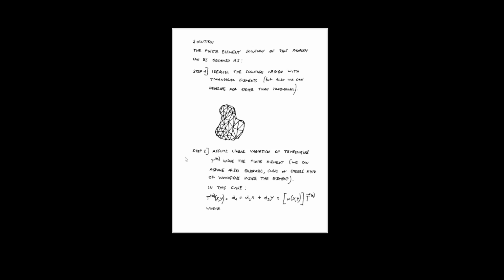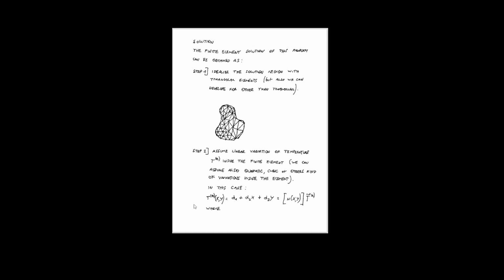Step 2: assume linear variation of temperature. T superscript E means it refers to element E, inside the finite element. We can also assume quadratic, cubic, or other kinds of variation inside the element, but the calculation becomes much more complicated. However, it's possible, I have done it.